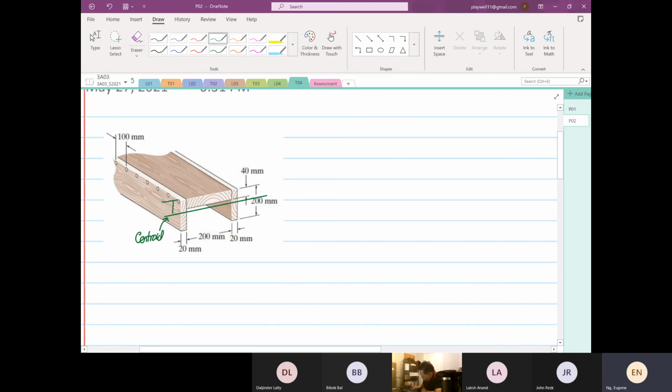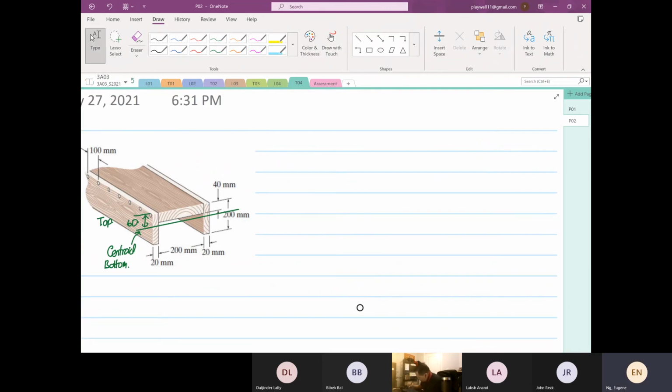We know the distance from here to here is 60, right? So we can consider the top or the bottom, you decide. Okay. So let's do the top first. Okay. So we're going to find Q max from the top.